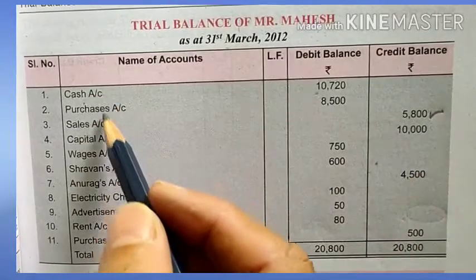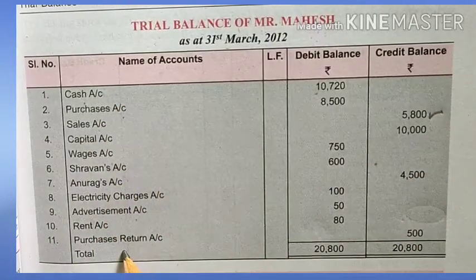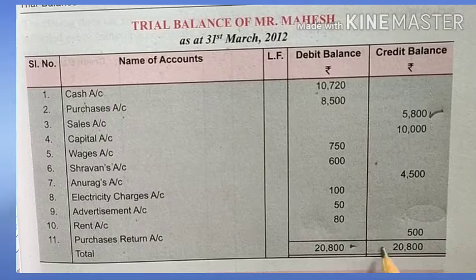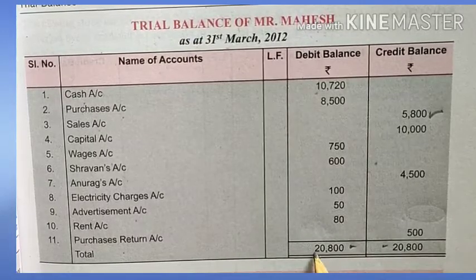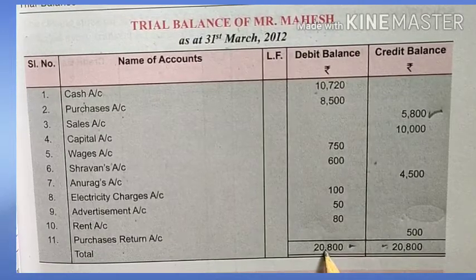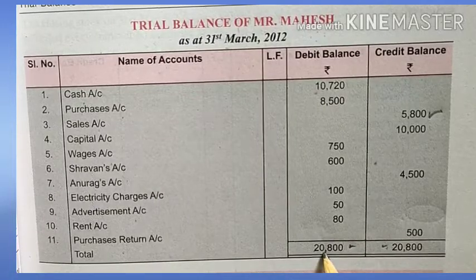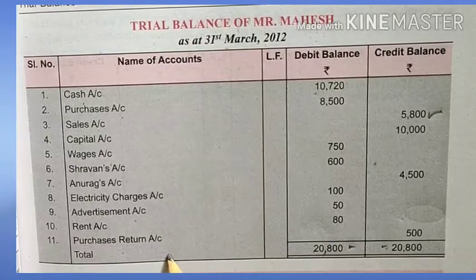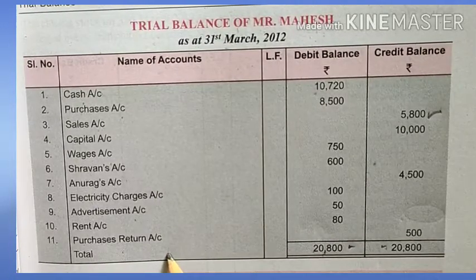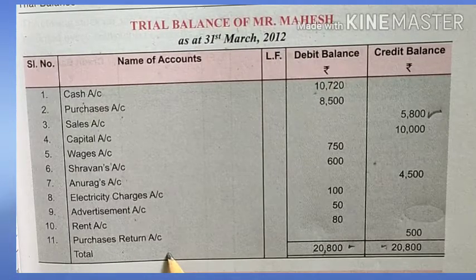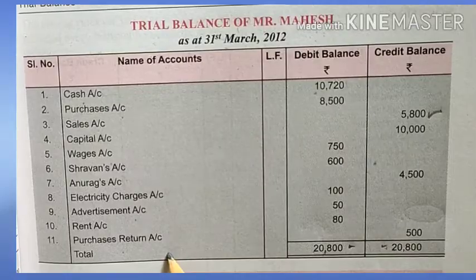So we write all the ledger accounts and at the end we take the total. As you see, the totals of both the columns should be the same, and the same total means that there are no arithmetical mistakes in ledger posting. That means the accounts are posted correctly.